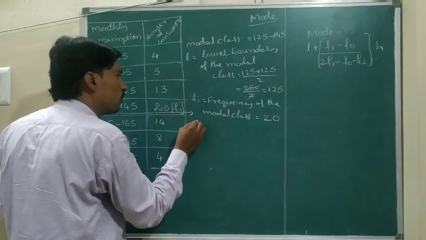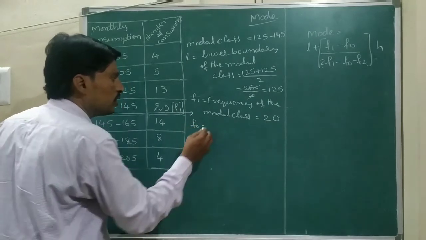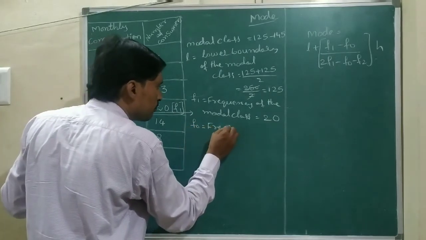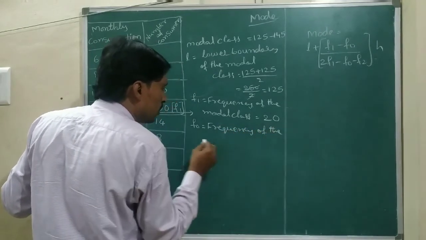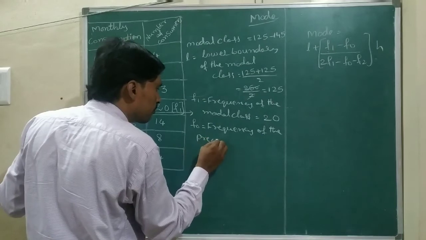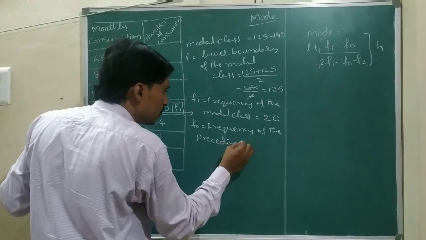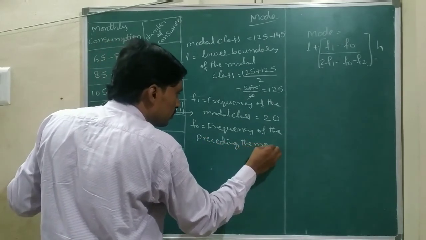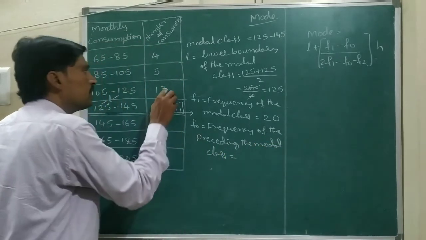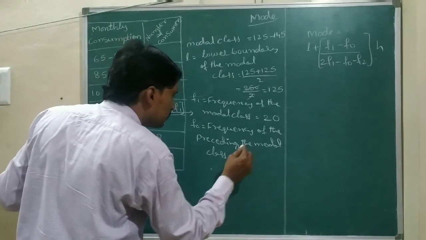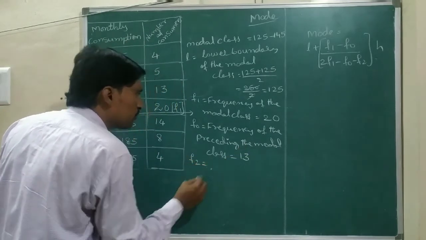Next you can find out F0. What is F0? Frequency of the class preceding the modal class. So what is preceding here? That is 13. Next F2. What is F2?